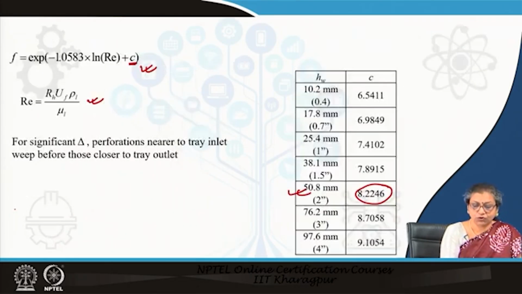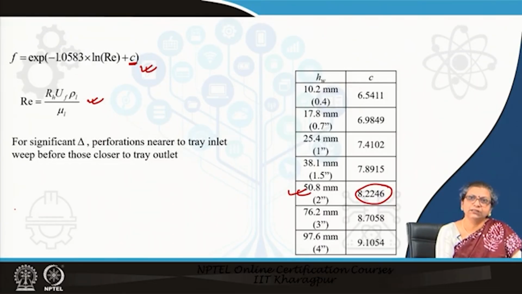In case it would have been greater, then what do we do? We would have tried to see that certain holes could be blanked.